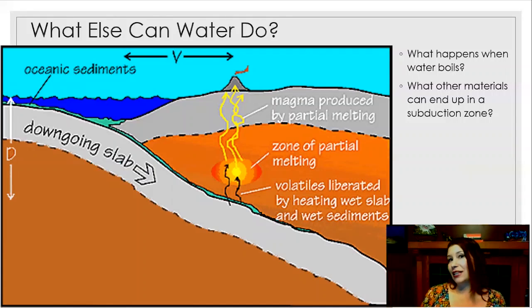That's starting to sound like a dangerous situation, and it is, because this is going to build up a lot of pressure. So all these gases, and not just steam, but some other things we'll get into in a second, but mostly steam. About 90% of the gas that erupts out of a volcano is water vapor, it's steam. So all this water vapor is going to build up pressure, build up pressure, build up pressure behind this magma. And that's what causes subduction zone volcanoes to be very, very explosive.